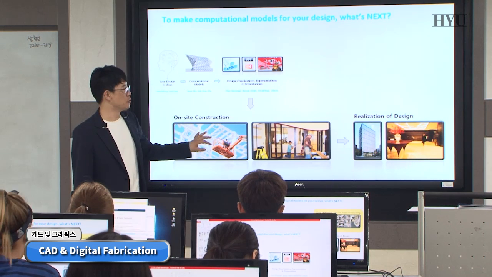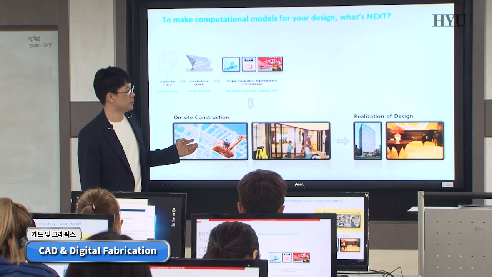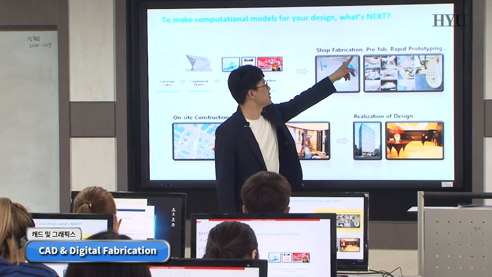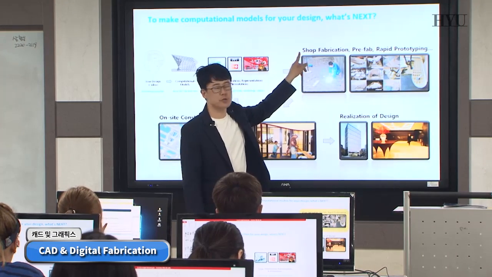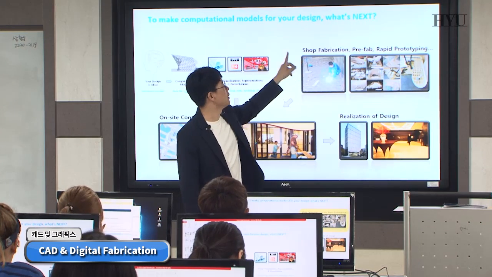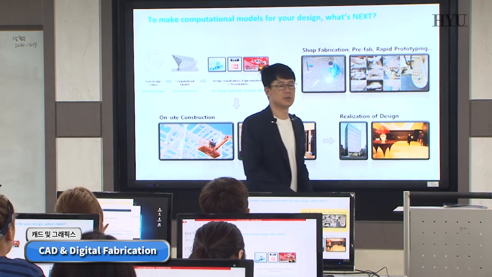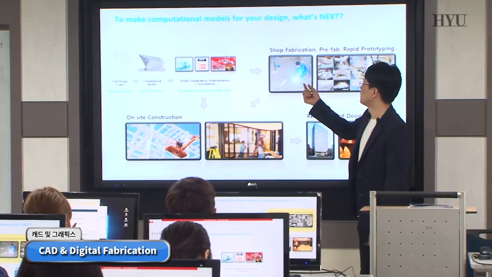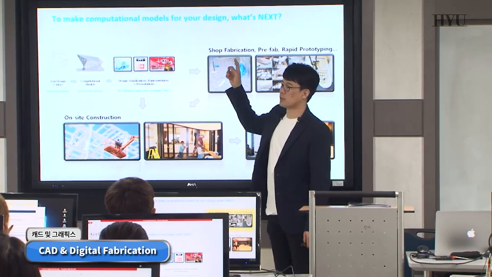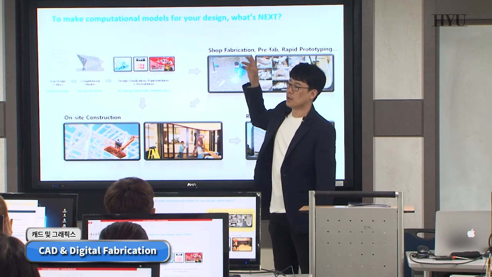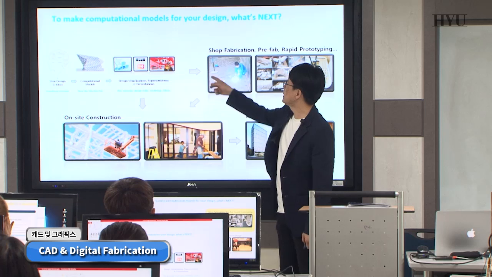On-site construction, of course, is very important, but actually there is something more, okay? How about shop fabrication? The term shop here means factory, okay? Some parts can be assembled, pre-constructed at a specific site, specific shop, specific factory, okay?